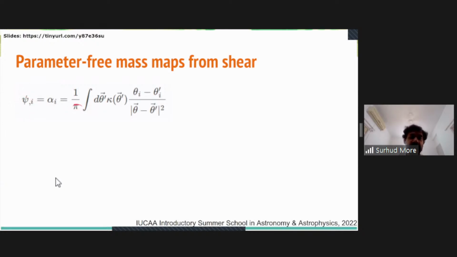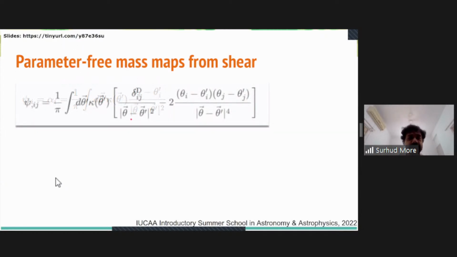So that is 1 over pi integral d theta prime kappa theta prime, and this kind of deflection equation that you are used to. For a point mass, you can see that it looks like 1 over mod theta. Right? It's just towards the direction of that point mass. Okay. So this is the definition of psi.